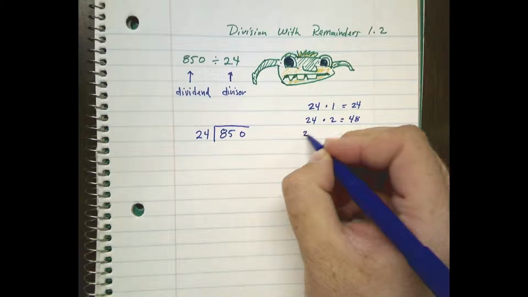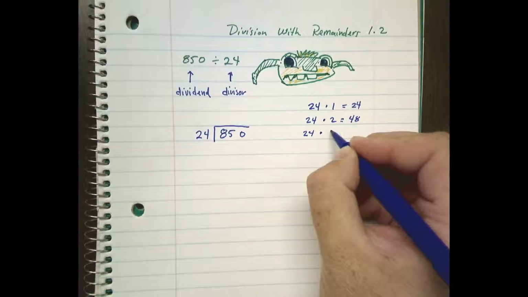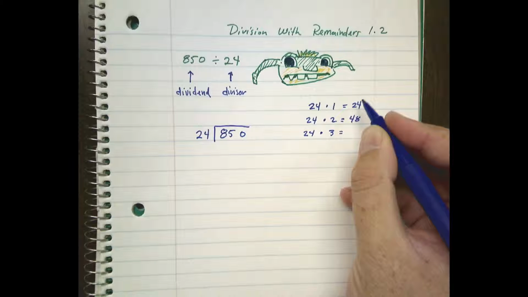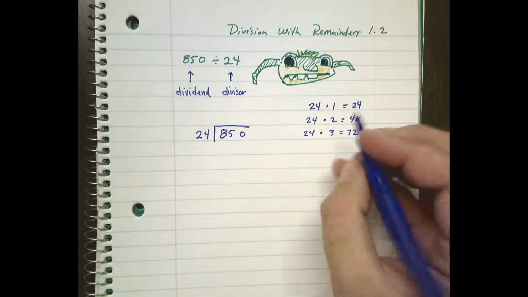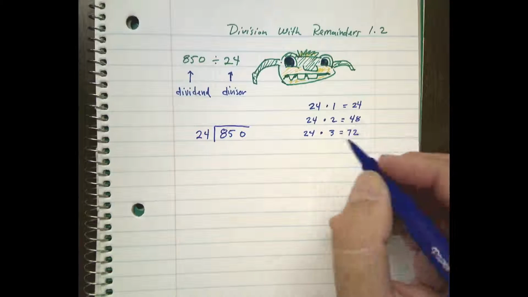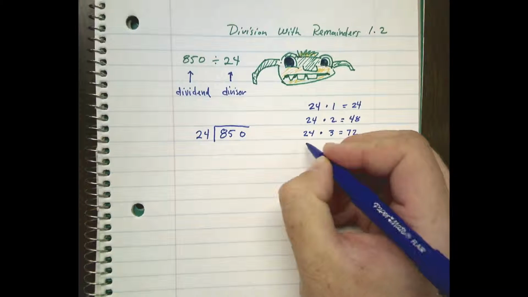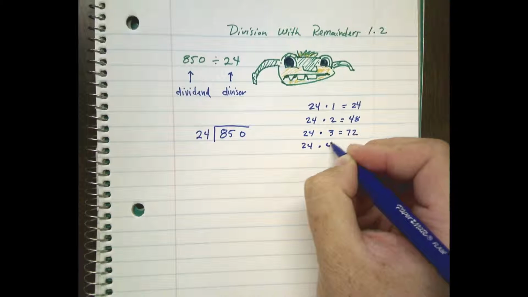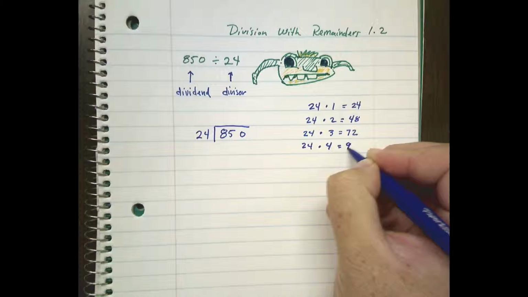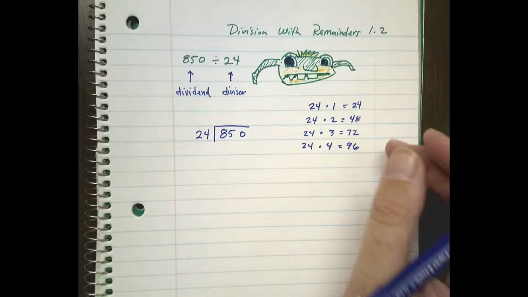And I know that 24 times 3 is going to be 72. And we'll just put 24 times 4 in there. Why not? 24 times 4 is going to be 96. So we'll stop right there.